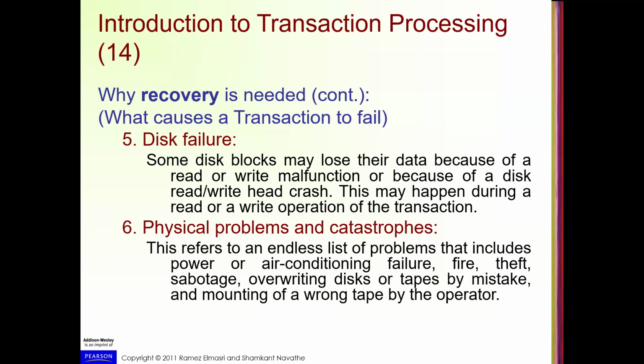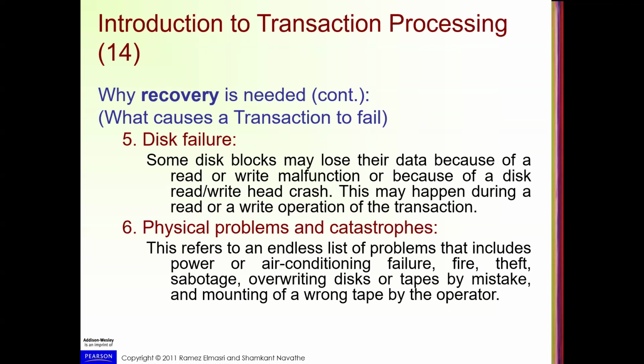The fifth case is when a disk failure occurs. Some disk blocks may lose their data because of read or write malfunctioning, or because of a read or write head crash. This may happen during a read operation or a write operation of the transaction. Hence, the disk fails, and the transaction also fails. Physical problems and catastrophes refer to the endless list of problems that includes power connection problems, power shortages, air conditioning failure, fire, theft, sabotage, overwriting disks or tapes by mistake, and mounting of a wrong tape by the operator.